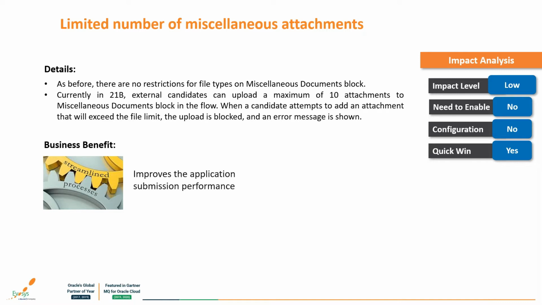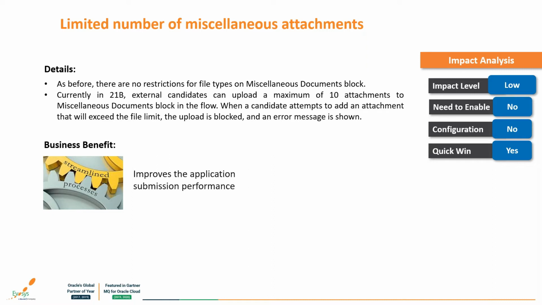What was happening was that whenever a candidate was attaching documents, they were attaching more than 10 documents. So the recruiters were finding it difficult to screen out which are the required documents for the requisition and which are not.